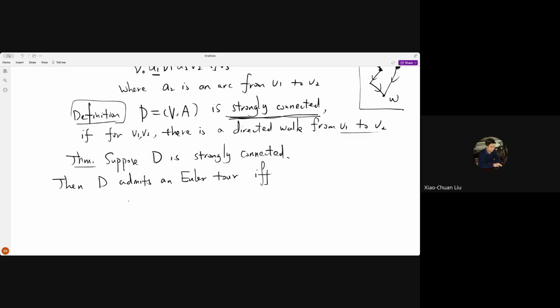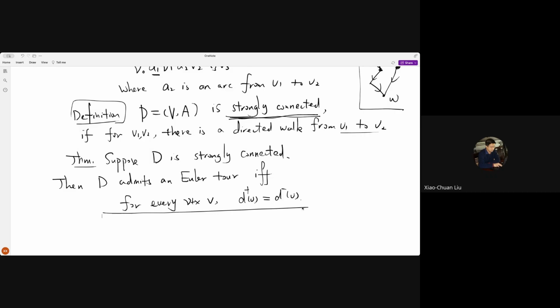The condition is a little different. For every vertex V, the out degree of V equals the in degree of V. So it's a little different, but it also makes sense. You ask something stronger than before.